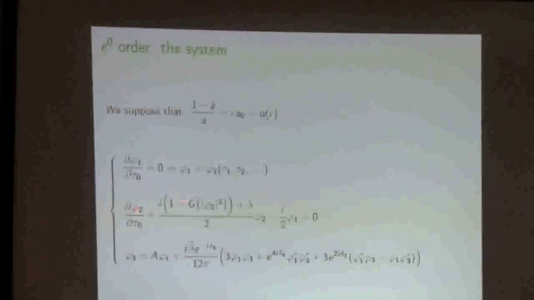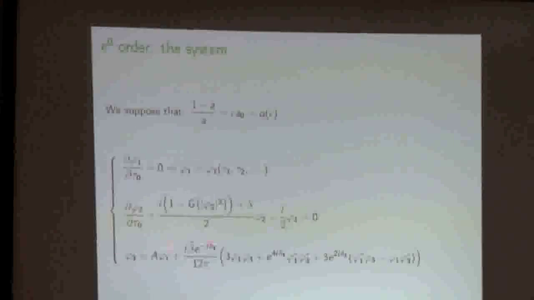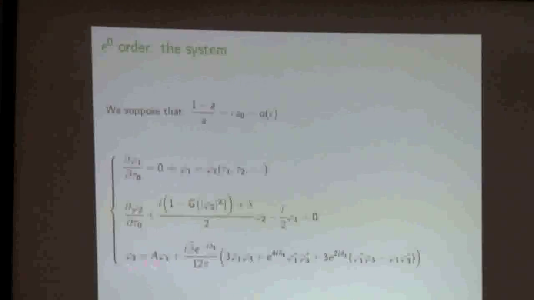It means I will assume that phi 2 first reach a steady state for tau 0 large enough, and at epsilon 0 order, I obtain this algebraic relation between phi 3 and the other variables. But you see, it is interesting, here I have also phi 3 star, but in fact I have a relation between phi 3 and mainly phi 1.